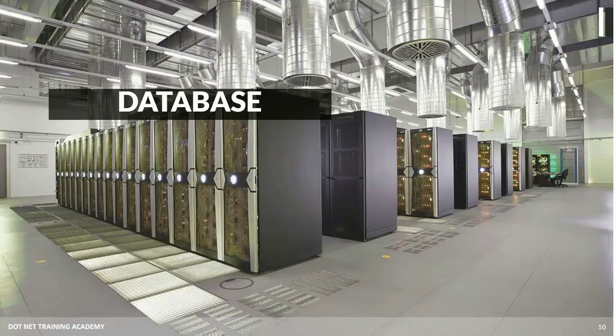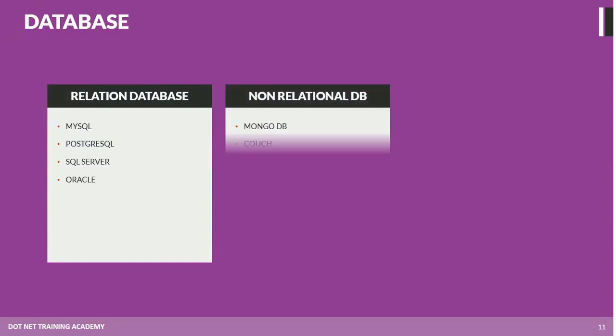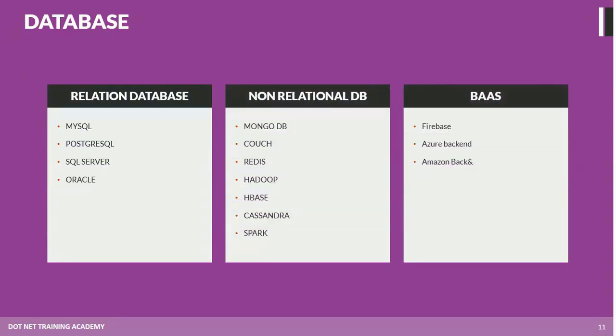So now the database. The database is really important. Database skill is very core for every full stack web developer. Even though in full stack web development learning UX is optional, database is essential. There are three kinds of database: relational database, non-relational database, and backend as a service.